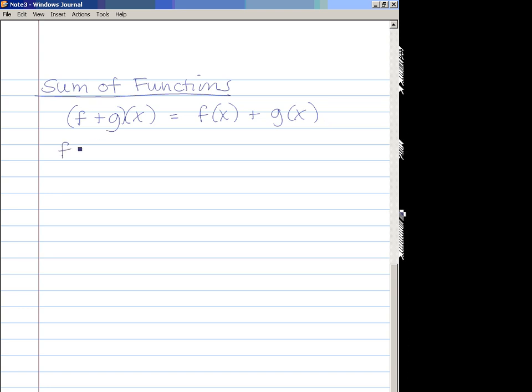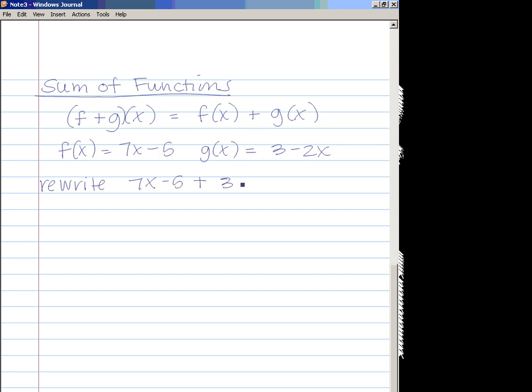Now I'm going to use the same functions throughout all the examples. f of x is equal to 7x minus 5, and g of x equals 3 minus 2x. So the first thing, when we add, we're going to rewrite. So we have 7x minus 5 plus 3 minus 2x.